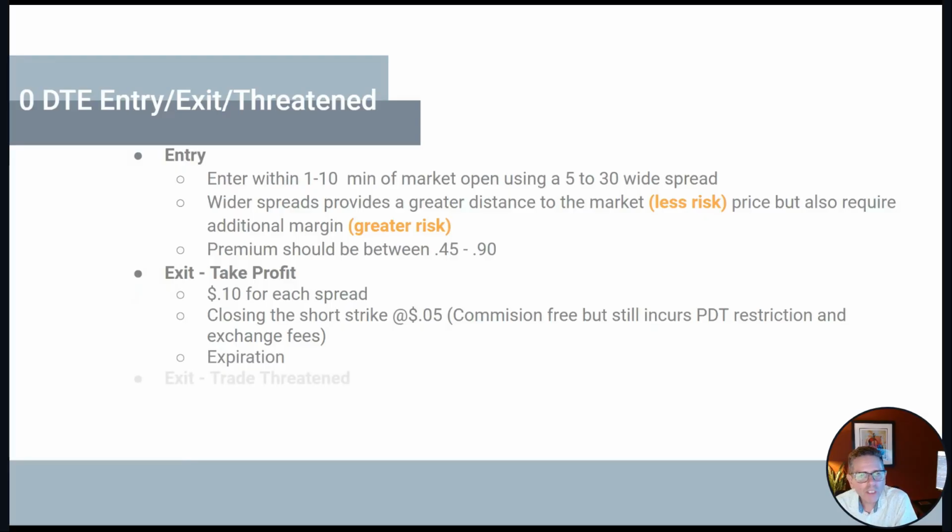Okay, expiration, we just mentioned that, and exit trade when threatened, using a 2x or 3x stop loss scenario. And so what that means is that when you put on, let's say you put on a put spread, and the premium is 50 cents, right? Or $50 with one contract. The position that you want to close your trade at is no more than 3x.